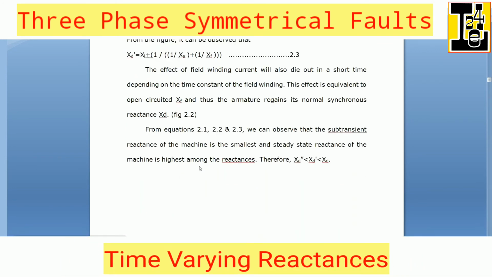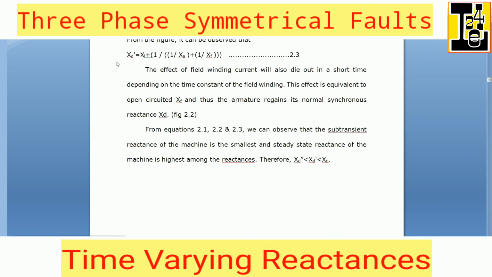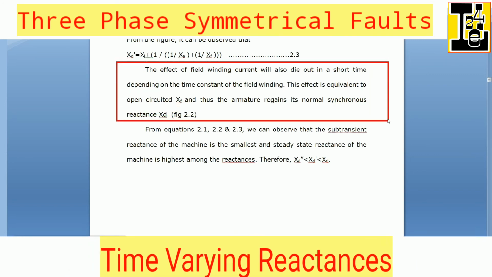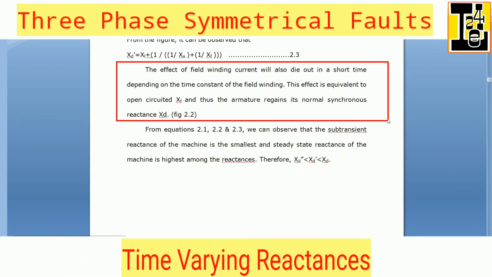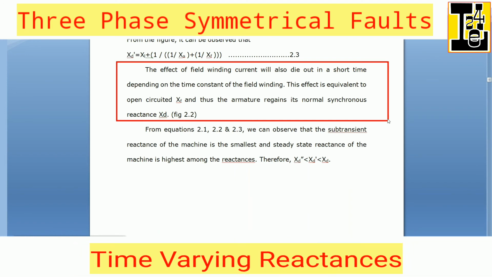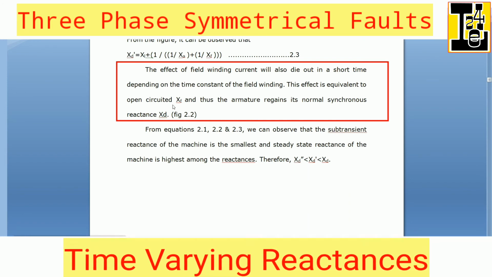The effect of field winding current will also die out in a short time depending on the time constant of the field winding. This effect is equivalent to open circuiting of XF, and thus the armature regains its normal synchronous reactance XD.